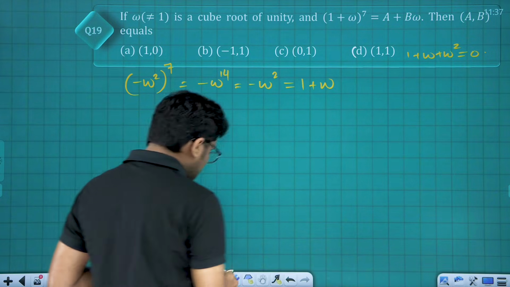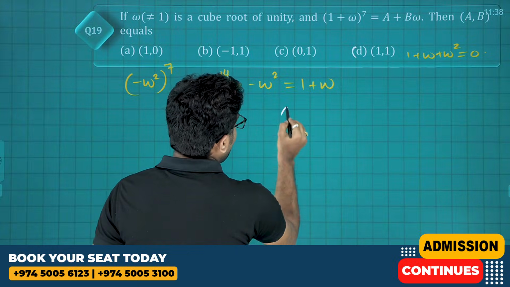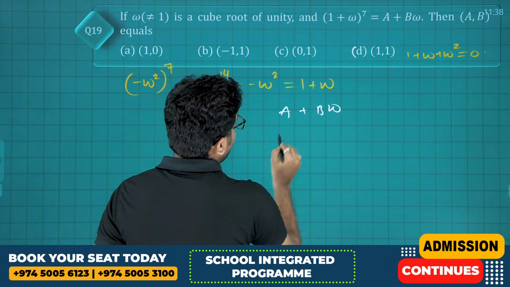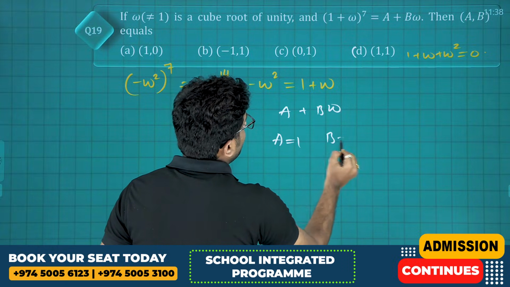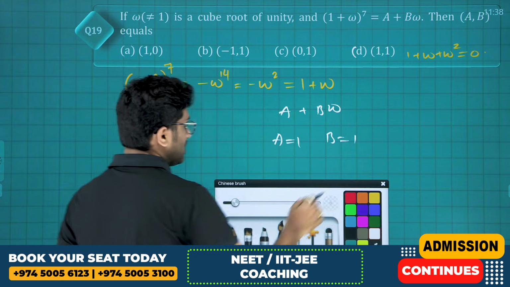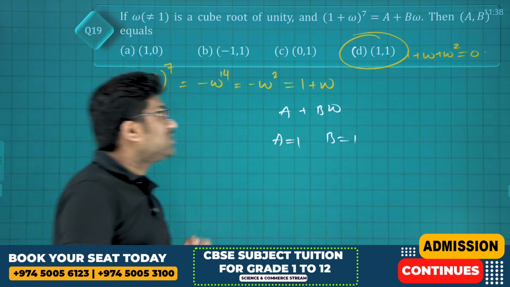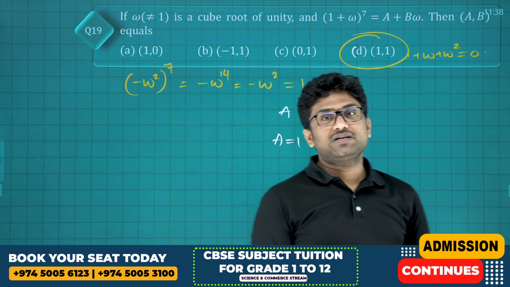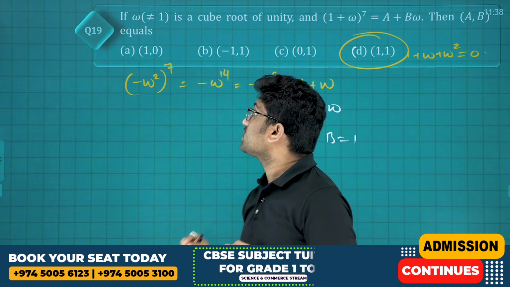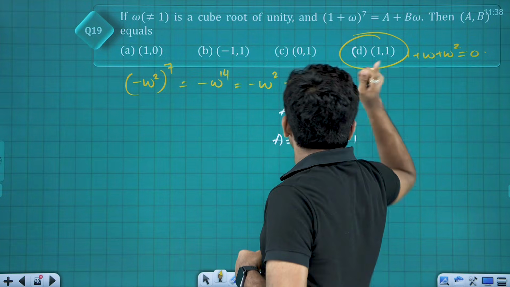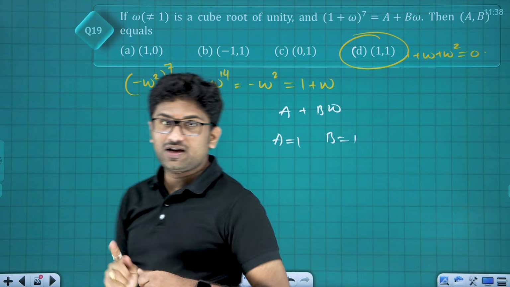So when we compare this with a plus b omega, a is 1 and b is 1, which is the a comma b they are asking. The answer is option D. So the majority of the questions from complex numbers can easily be solved by using the concept of cube roots of unity. Clear?